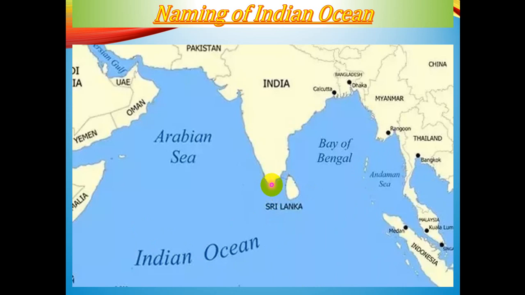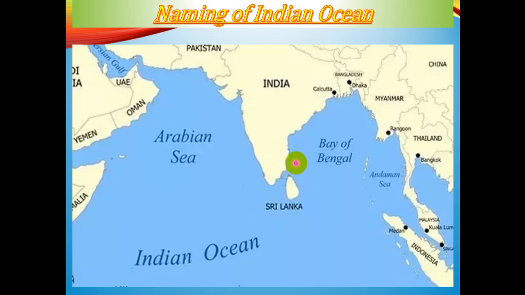Why? Because this is the southern tip of India, and below that, the water body is named the Indian Ocean. You can see these countries do not have such a long coastline like that of India, which protrudes towards the southern part.